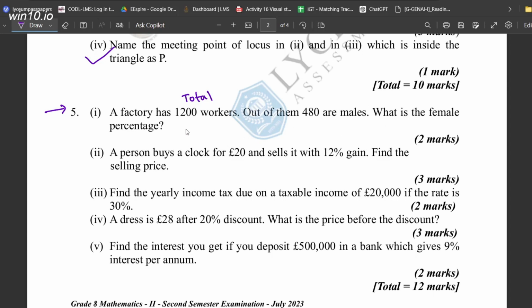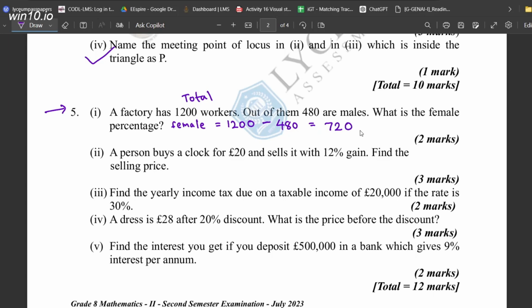So we can find the female as total minus males. So we can get 720.